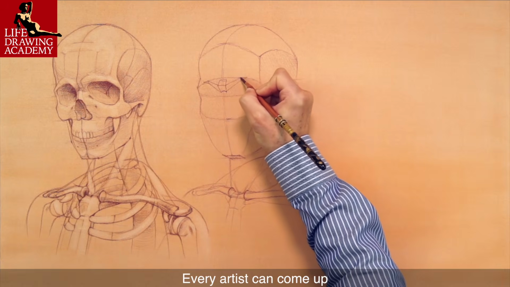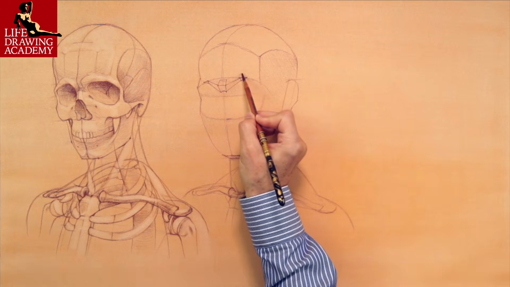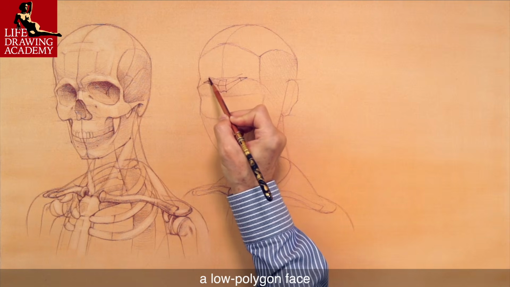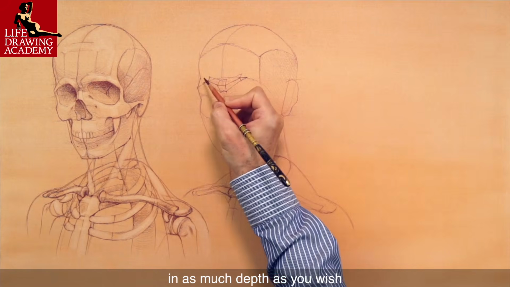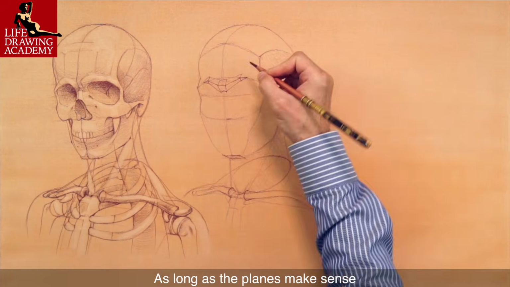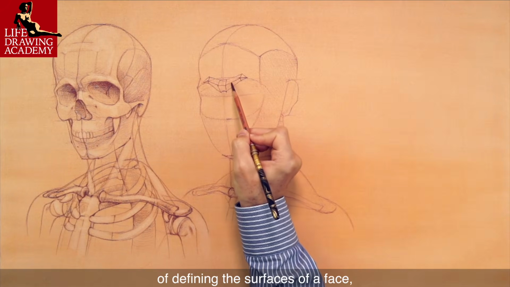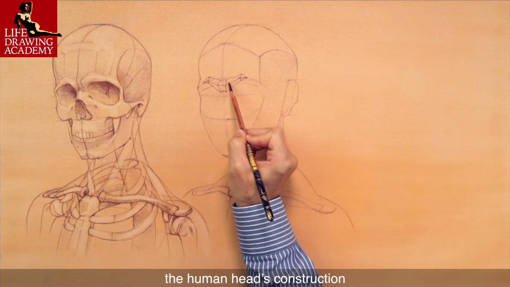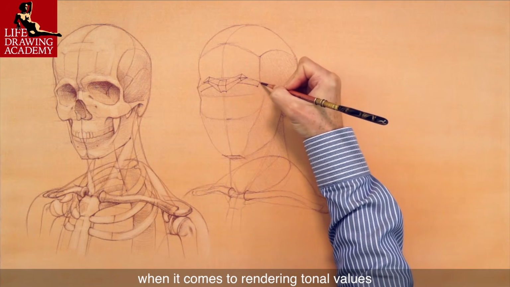Every artist can come up with his own interpretation of a face's geometry. You are welcome to draw a low polygon face or go into small details in as much depth as you wish. As long as the planes make sense and serve the purpose of defining the surfaces of a face, they are helpful in understanding the human head's construction and useful when it comes to rendering tonal values.